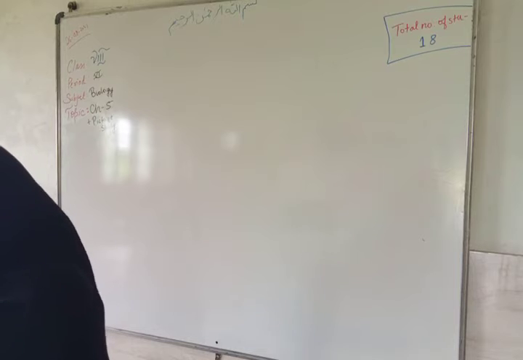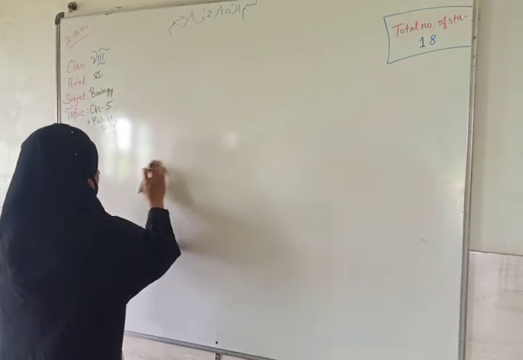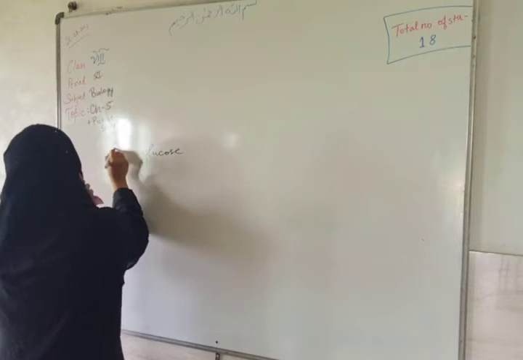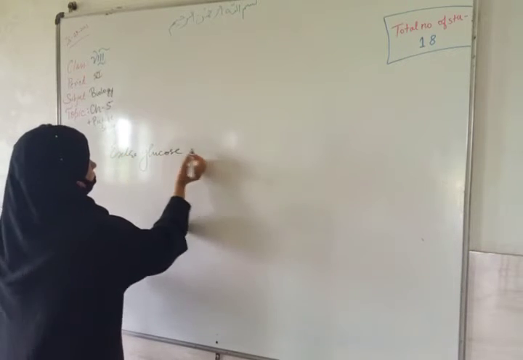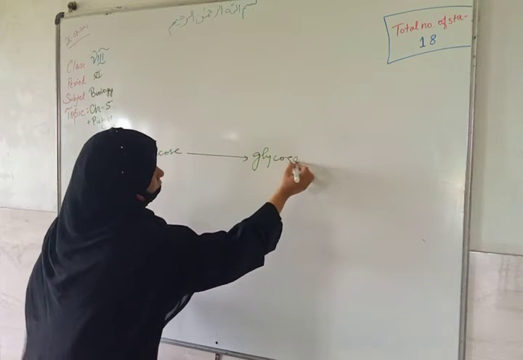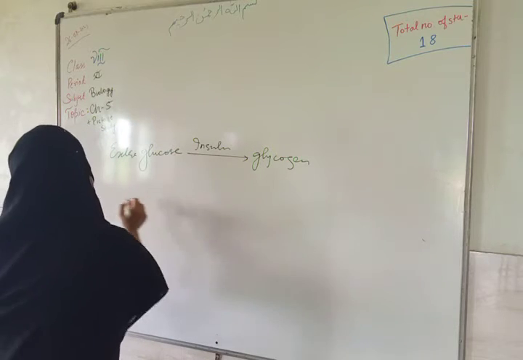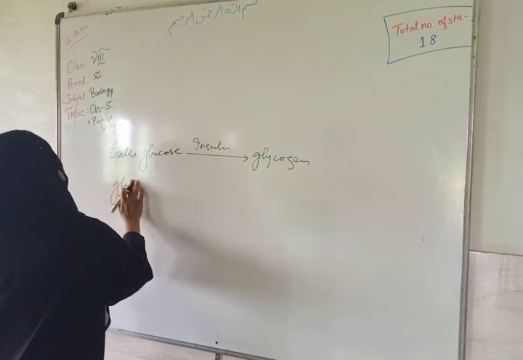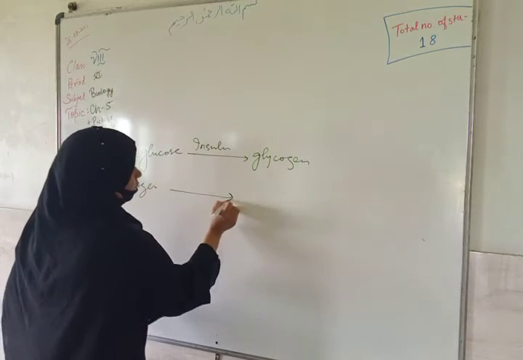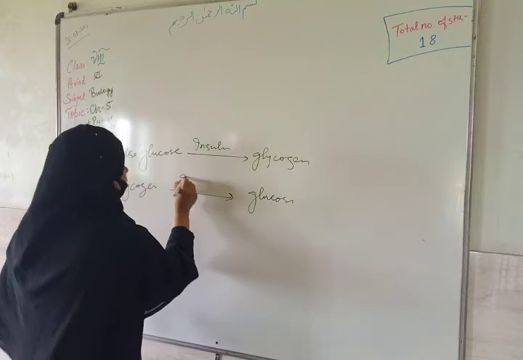Extra glucose is converted into glycogen in the presence of insulin, and then that glycogen is converted back into glucose by glucagon.